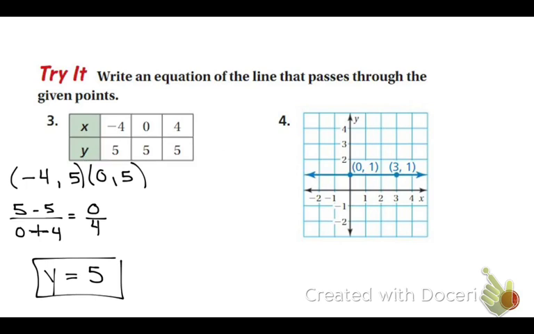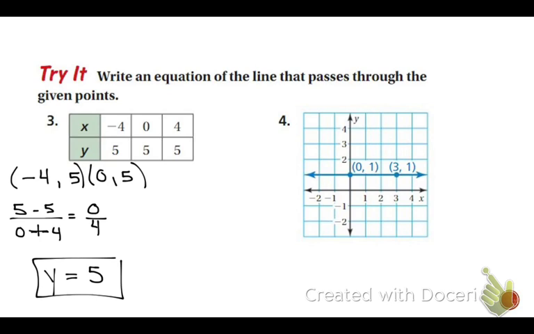Okay? So what do you notice about number 4? The denominators are the same. Wait, no. What kind of line is it, guys? Horizontal. So if I'm reading a graph, remember, I need to determine my slope.